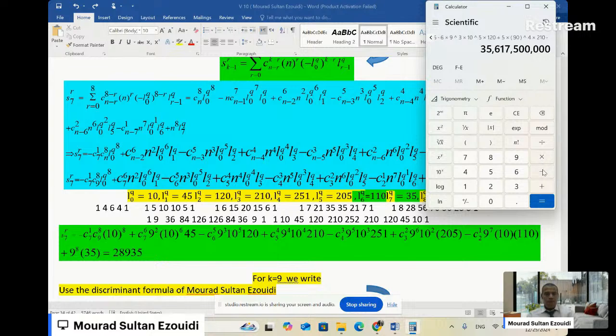Minus 4 multiplied by 9 raised to the power 5.